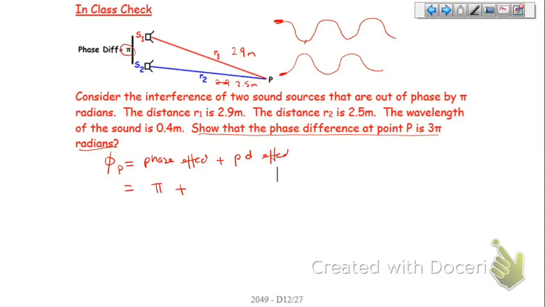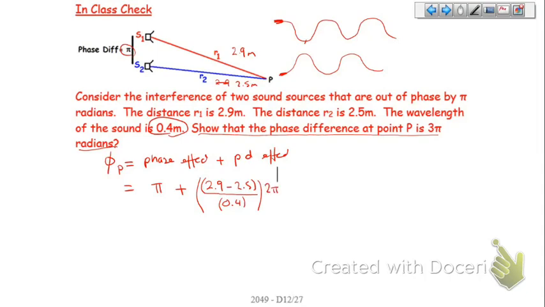Well, let's have a look. I'm going to get my path difference, which is 2.9 minus 2.5. That's my path difference in meters. Let's make it a path difference in wavelengths, divided by my wavelength, which is 0.4 meters. That's my path difference in terms of number of wavelengths, multiplied by 2 pi.